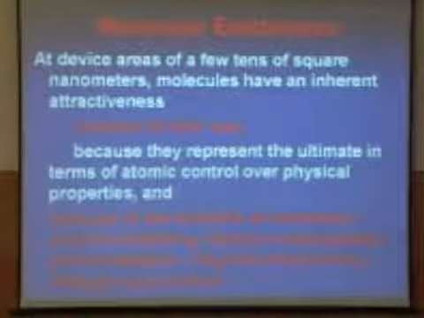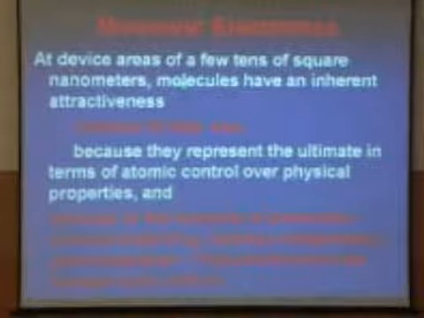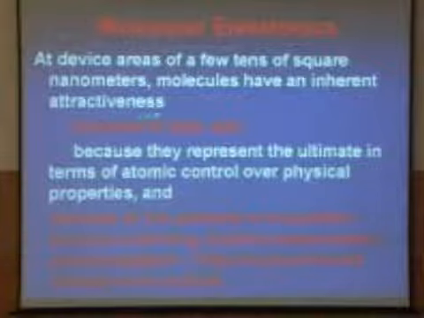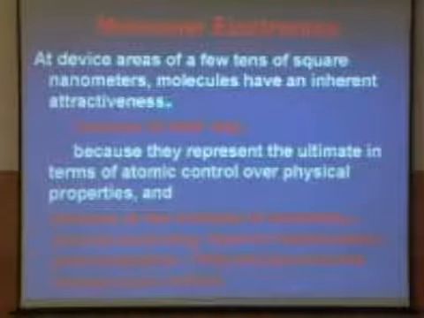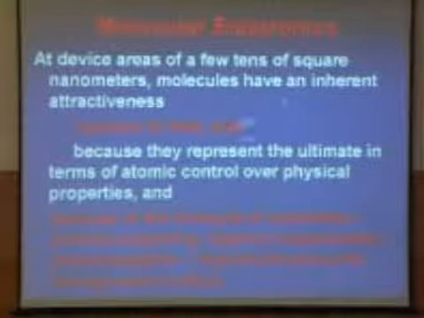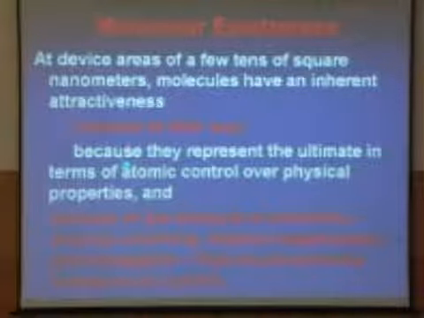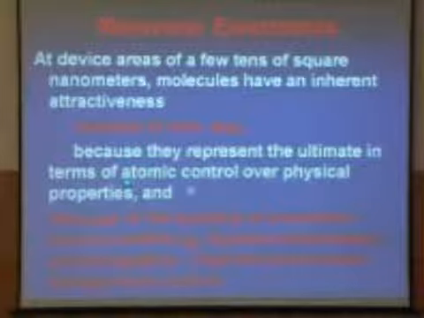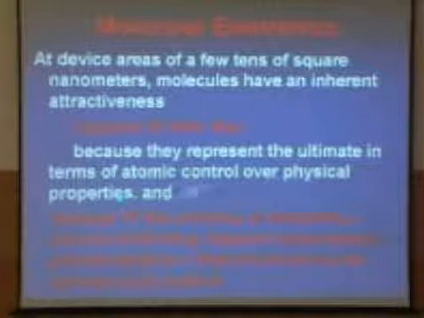What is a molecular device? It occupies about a few tens of square nanometers. Molecules have inherent attractiveness. What are these properties? Because of their size, molecules represent the ultimate in atomic control over physical and chemical properties.